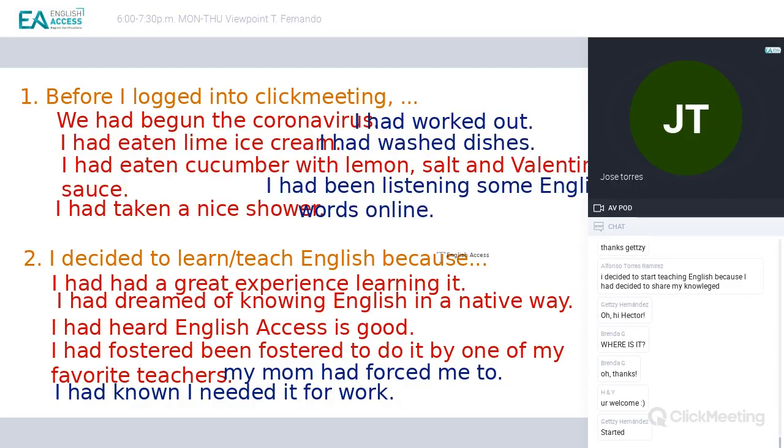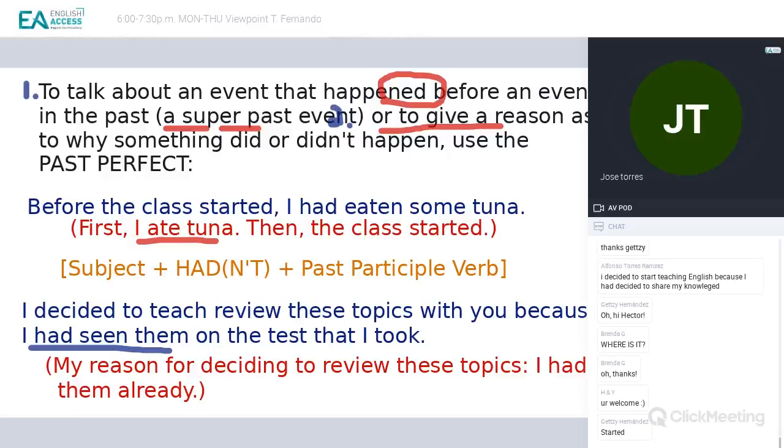Let's look at the structure. I decided to learning English because I need to know another languages. Nope. Look at this.